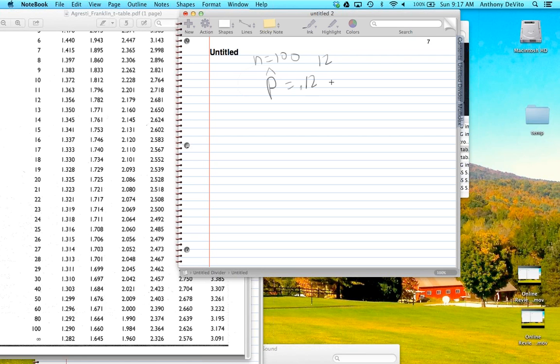Well, I'm not really interested in the proportion of the sample that's diabetic. I'm interested in the proportion of the population that's diabetic. Just like the mean, this value approximates my population proportion, but I need a handle on how accurate that number is.